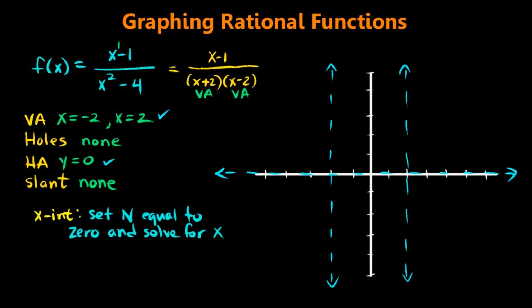So for this problem, I'm going to set the numerator equal to 0 and solve. So I get x equals 1. That's my x-intercept. So that means when x is 1, it intercepts the graph.